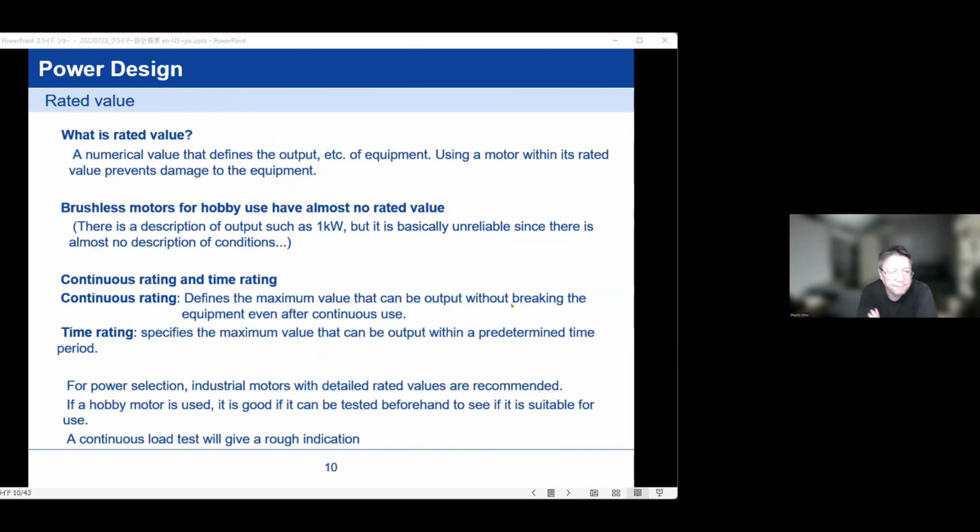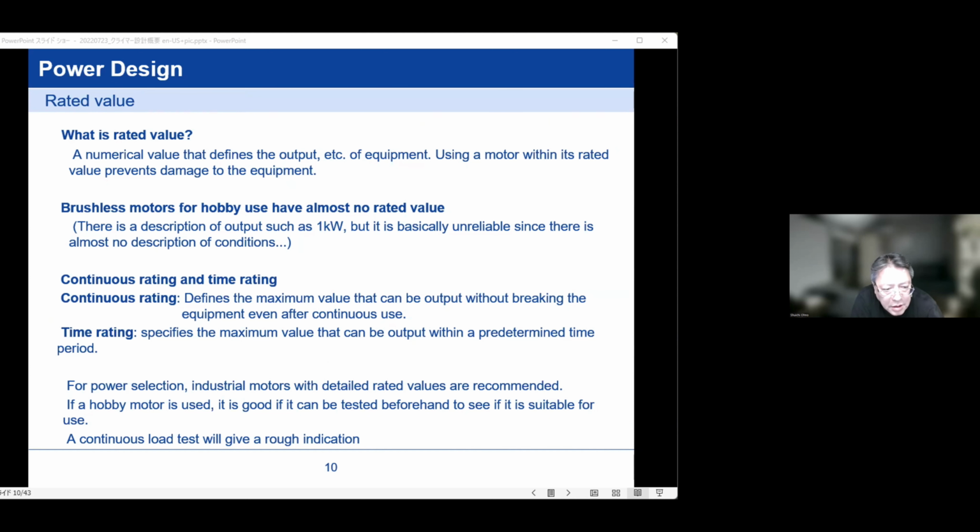Depending on the mechanism, a sensorless brushless motor can also be used. Next, regarding the rating of the motor, this is also the definition of the term. The rating is a number that determines the output of the motor, and by using it within the specified range, it will prevent damage to the motor.